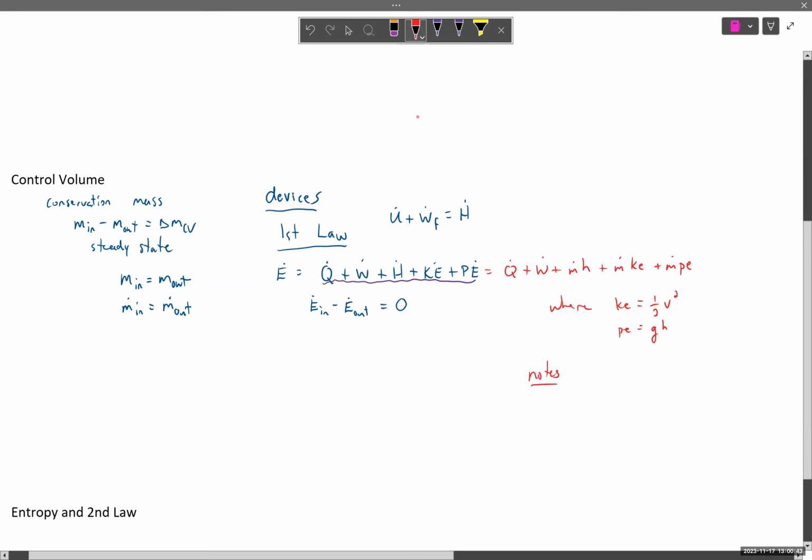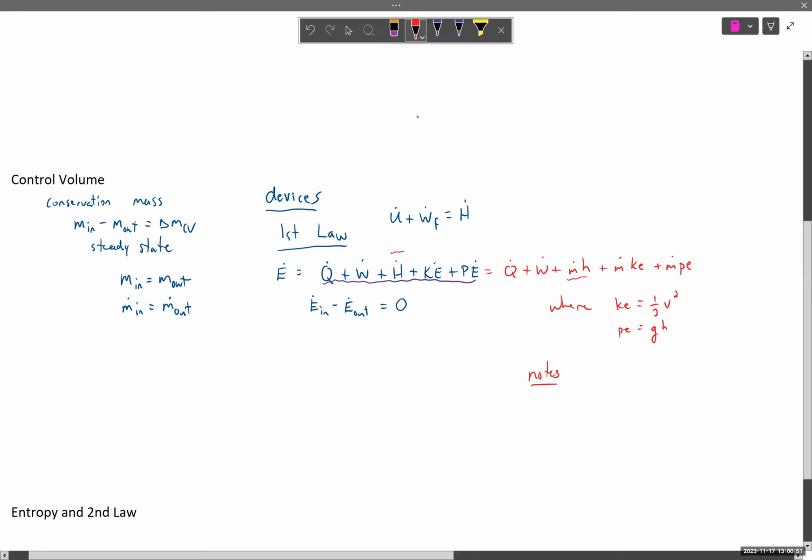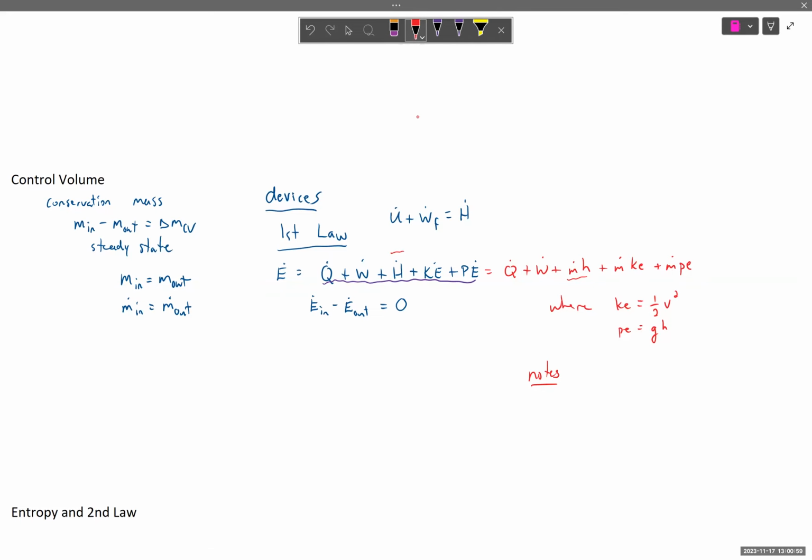With the m dot h action there, you can say, how do I connect this with that term? And we can say, all right, well, h is specific enthalpy. We could do it for Q as well, or work. So heat and work. I'll write those forms.